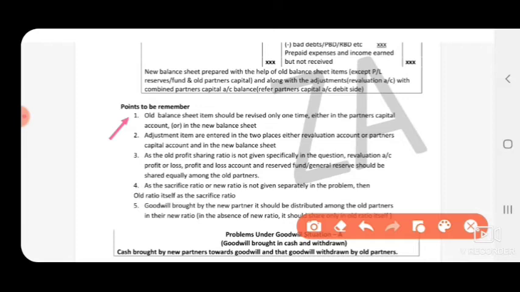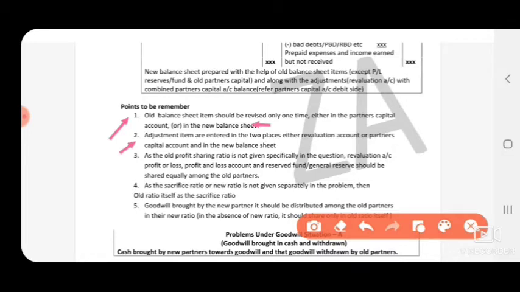So the old balance sheet you will get it in the question itself. So old balance sheet, 3 items: old partner's capital, reserve fund, general reserve, and profit and loss account transferred to partner's capital account, that is combined partner's capital account, and remaining assets and liabilities, so transfer to new balance sheet.